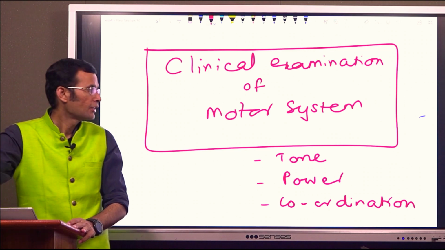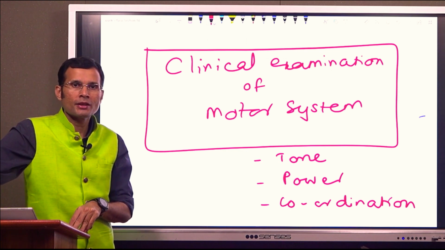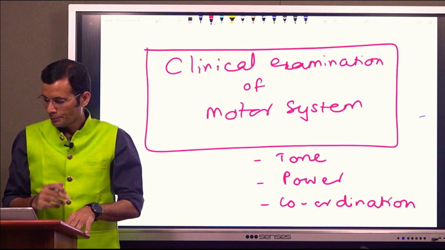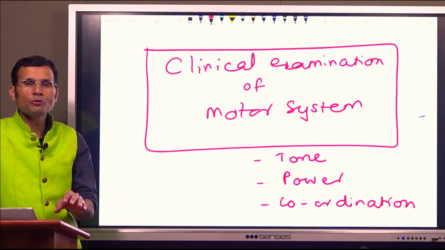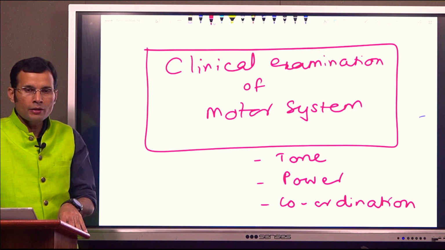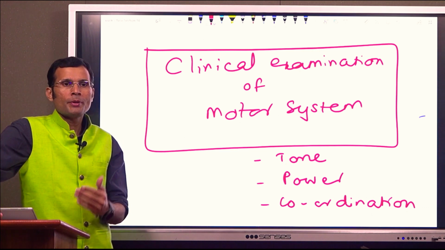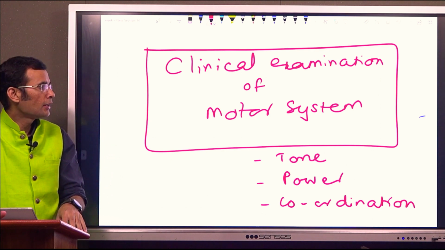Hi friends, for this week I have selected the topics in the clinical examination of the motor system. It's a part of neurophysiology and it will be required when you are doing the CNS examination.